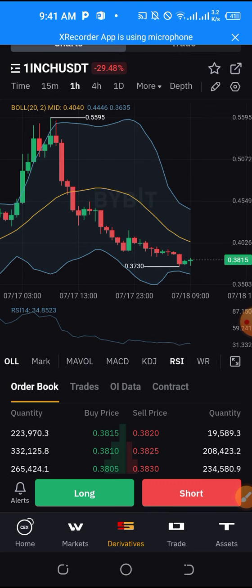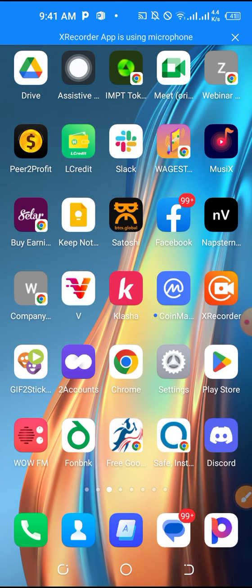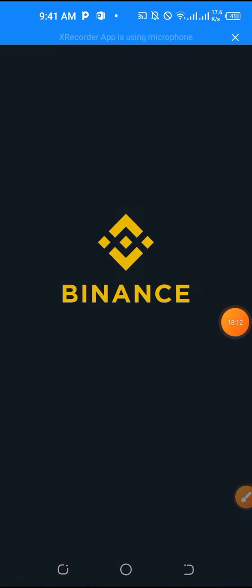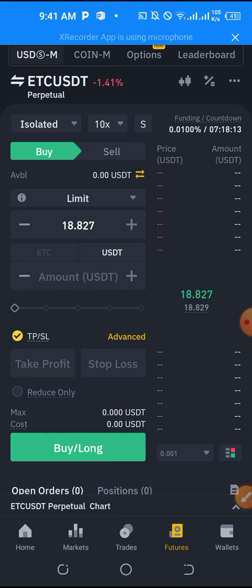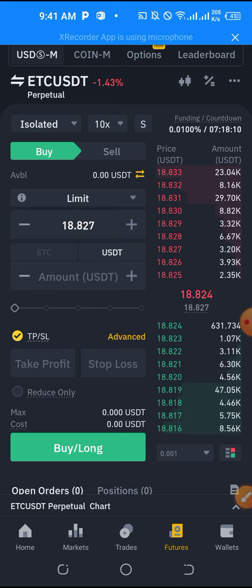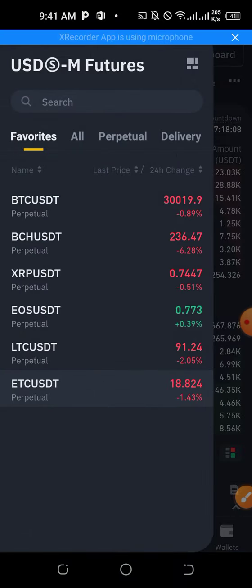So let's go on Binance. Let me see what is happening on Binance. Let's open Binance. You want to leave it on futures? Click here.